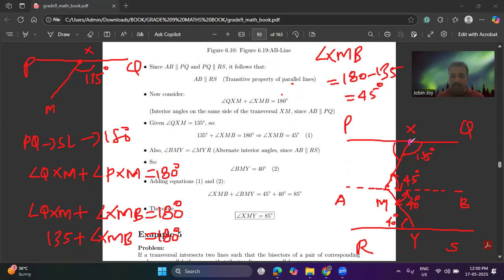This is X, this is M, and this is Y. So calculating XMY means this full angle. We know this angle is 45, this angle is 40. How will you calculate this full angle? Just add 45 plus 40, which is equal to 85 degrees. So the angle XMY is 85 degrees.